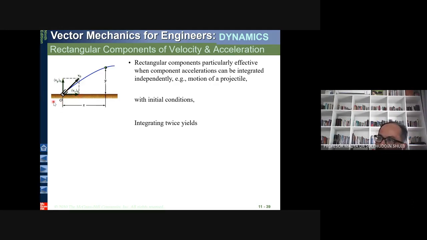We project this cannon shell going up until it reaches the maximum height, which is y. Then gravity attracts it and brings it down, and after some time it drops to the ground, and we measure how far it will go.